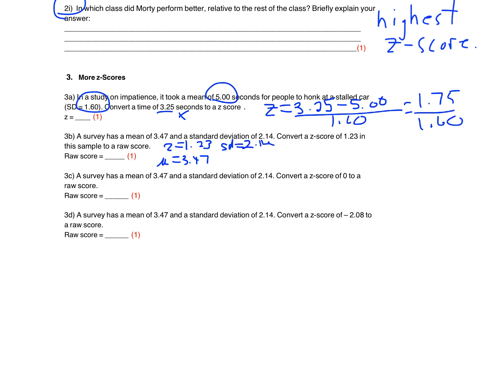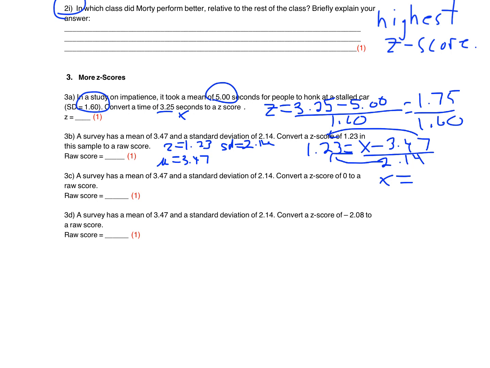So when we put that into our Z score formula, Z equals X minus the mean over the standard deviation, we're going to solve this equation like a linear algebraic equation. We're going to bring the 2.14 over here and multiply it by 1.23. And then we will bring the negative 3.47 over and add it to that answer. And that will give us the X value that comes out of this equation because they gave us the Z value.